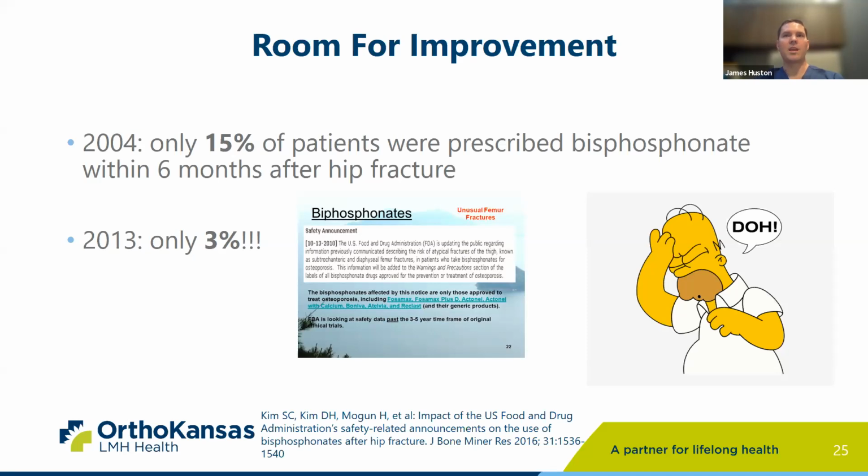These safety announcements came out, and prescribers and the general public became a little bit more wary of these medications. So that number actually dipped all the way down to 3% of patients being prescribed a bisphosphonate after hip fracture in 2013. So I think it was a bit of an overcorrection.